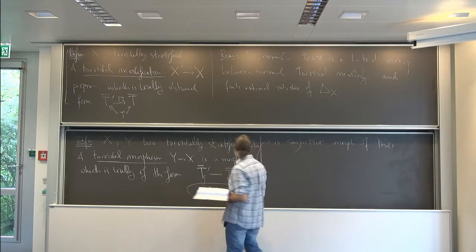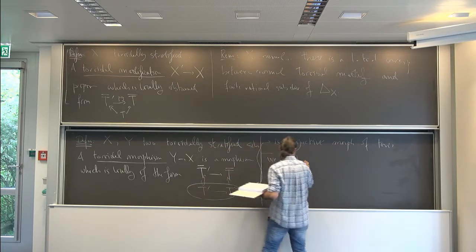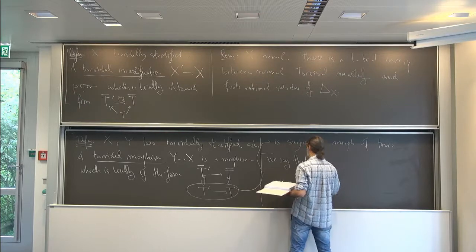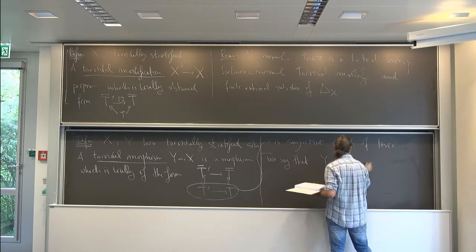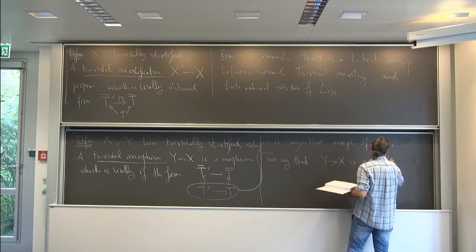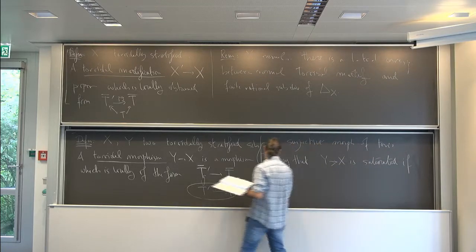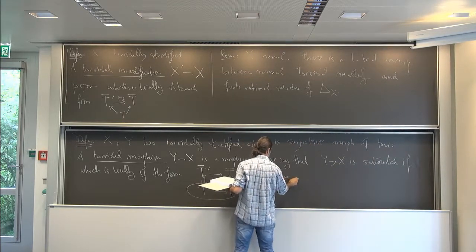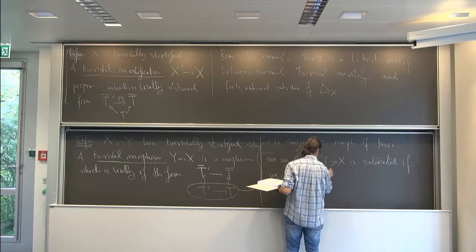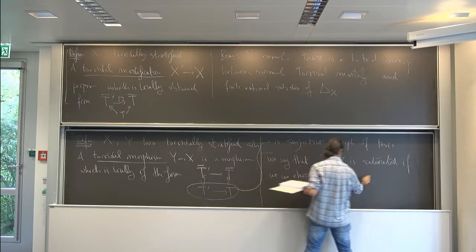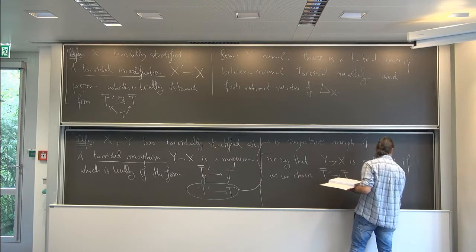And so we say that Y to X is saturated if we can choose these maps such that T' to T has connected kernel.